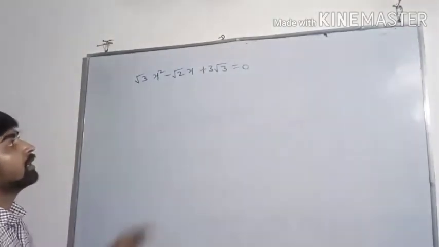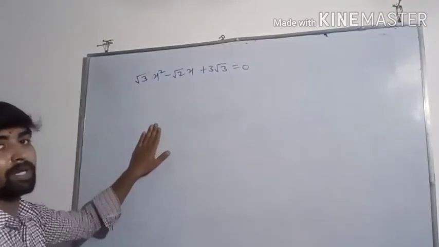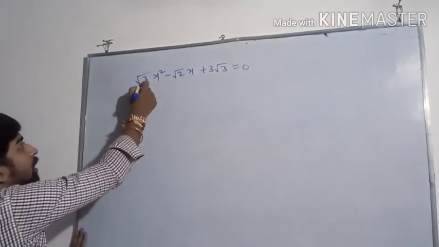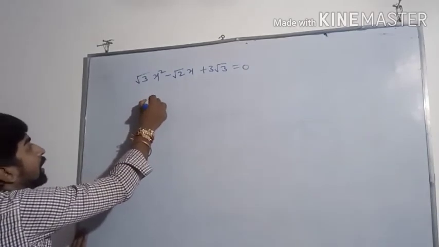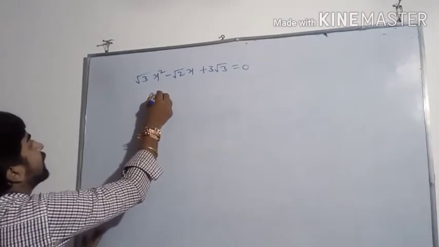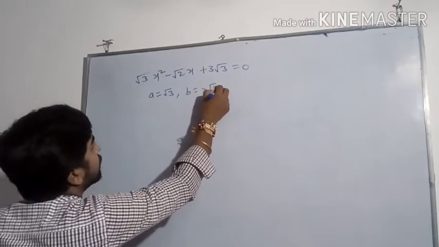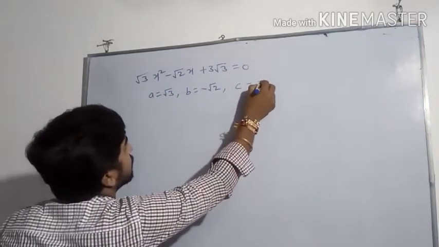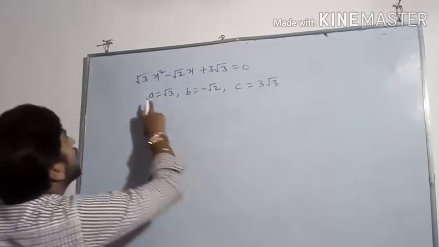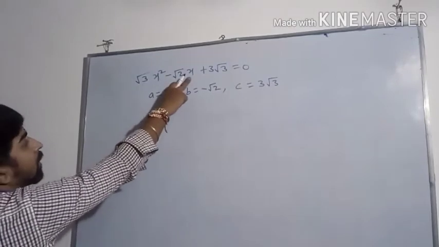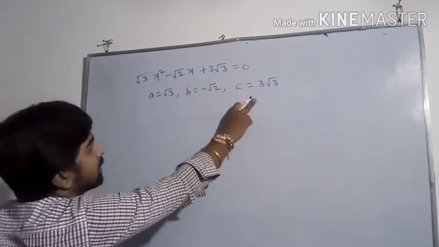Students, here first of all we will write the coefficients of this quadratic equation. Here a equals under root 3, b equals minus under root 2, and the constant term c equals 3 under root 3. A is the multiple of x square, b is the multiple of x, and c is the constant term.